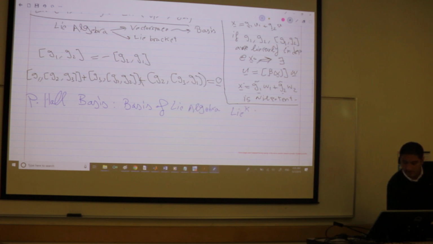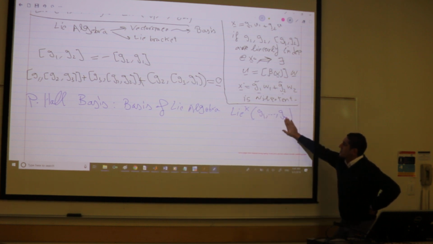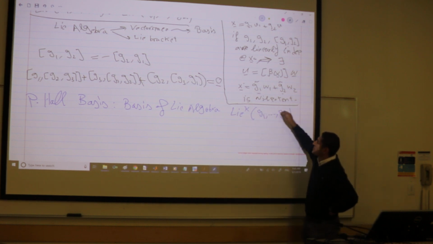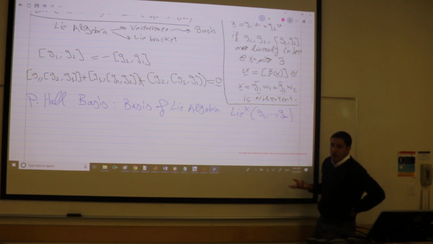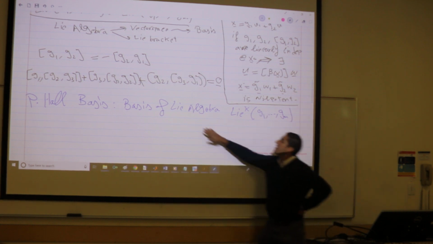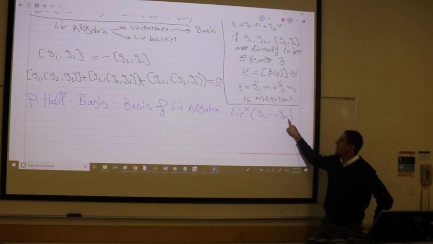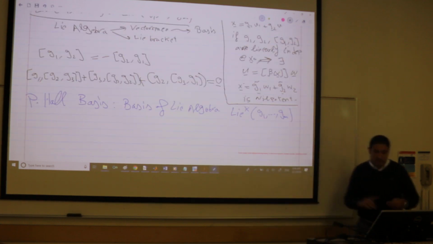Lie_k of G1 up to Gm, and it really doesn't depend at all on these guys. It just needs a bunch of variables and the Lie bracket definition. So it doesn't have to be for vector fields, it's for any Lie algebra of m variables with some Lie brackets.